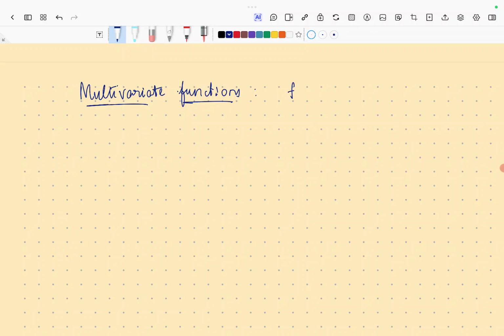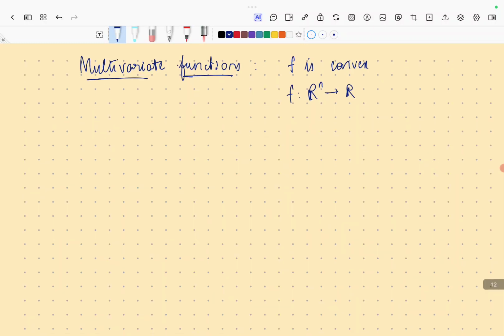All right, so now we'll assume that f is convex. And we are going to look at unconstrained minimization of a convex function f. So most of these algorithms are these descent-based approaches.